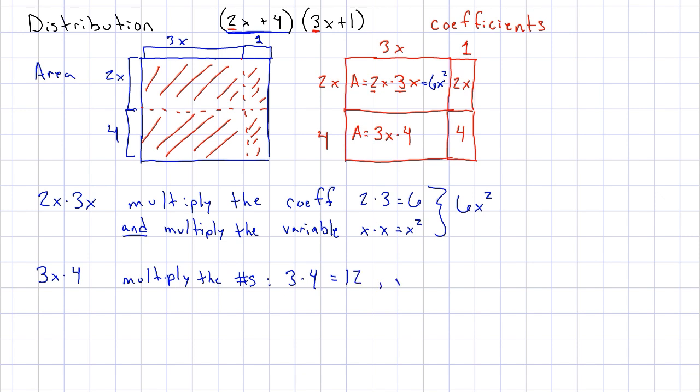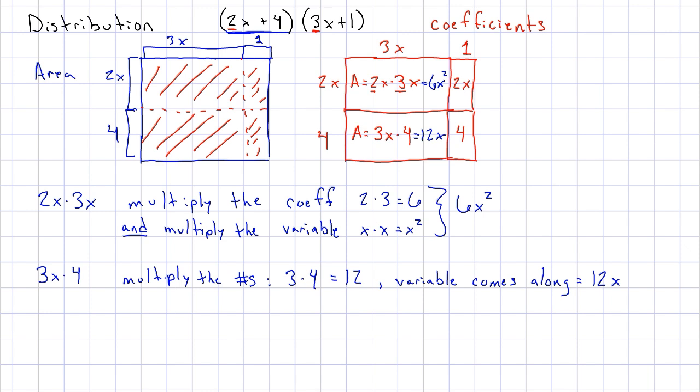And the variable comes along for the ride. So we end up with 12x. Nothing happens to the variable. It's just there. It's coming along. So this lower rectangle is equal to 12x.